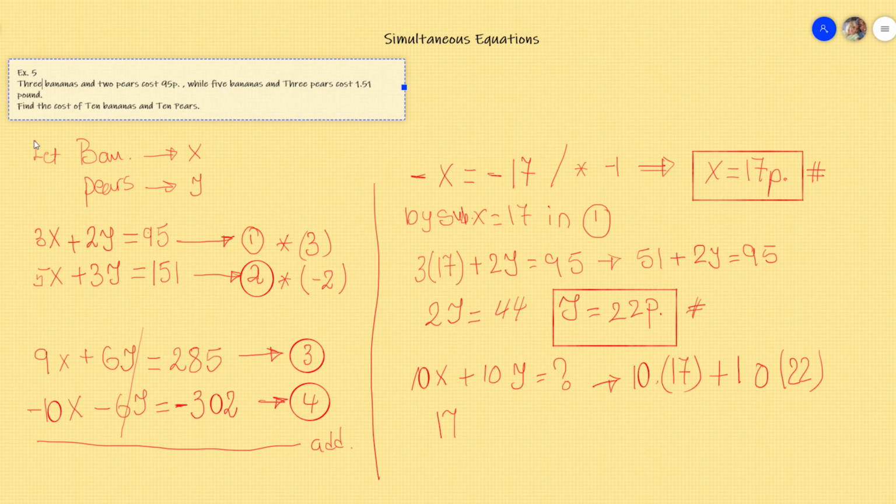So we will have 170 plus 220. So the final answer will be 390 pence, or we could say 3.9 pound.